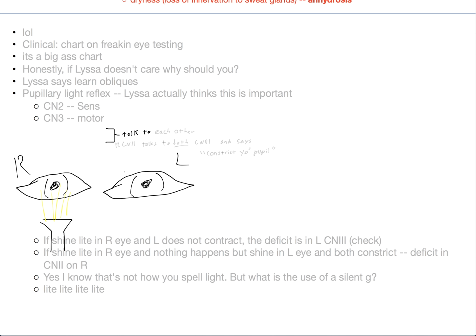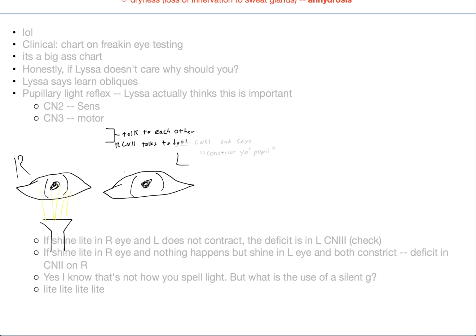You're protecting the back of the retina from all of that light. So cranial nerve 2 picks up the sensation of bright light in your eye, and it talks to cranial nerve 3 on both sides. So the right cranial nerve 2 talks to both cranial nerves 3 and says, constrict the pupil. That is a normal response.